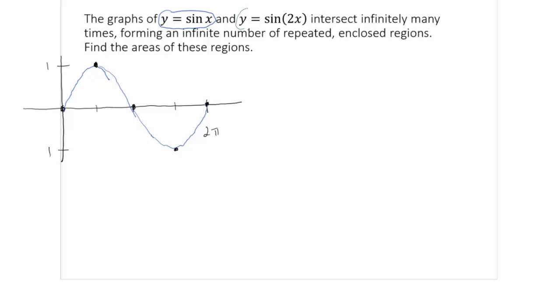Now y equals sine 2x, remember that that 2 adjusts the period of the function, and the period then would be 2 pi over 2, the period is pi. So it's the same basic shape, but it's repeating the cycle in half as much time. And so y equals sine 2x is going to do this.